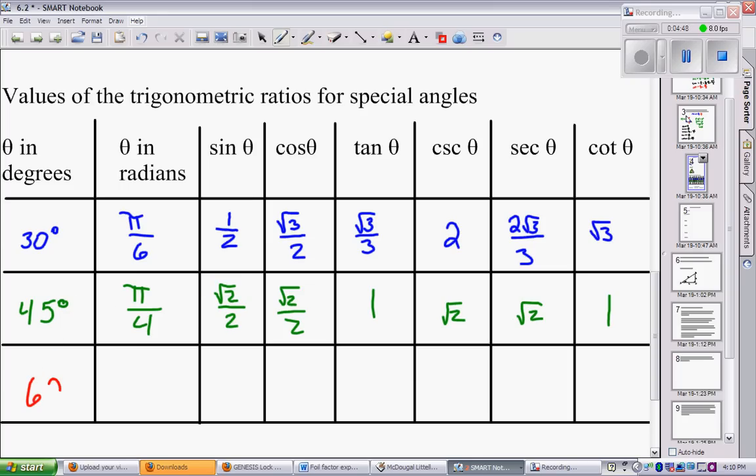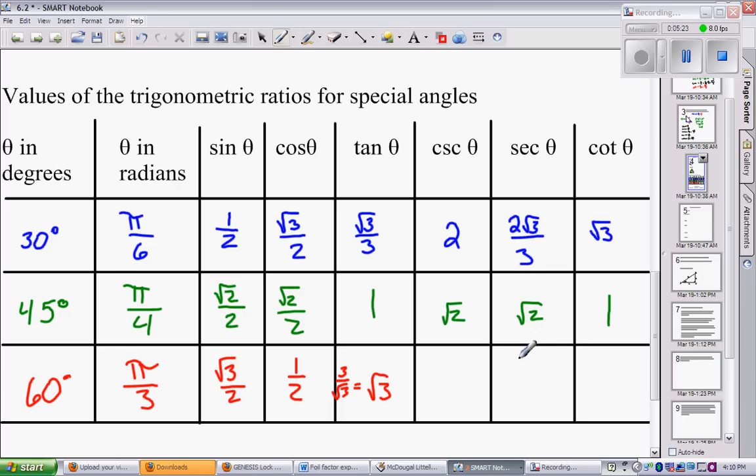Then you have 60 degrees. Convert it to radians, get pi over 3. The sine of it goes to root 3 over 2. Cosine is 1/2. It's just switched from 30 degrees. So tangent goes to root 3 because it would be 3 over root 3.